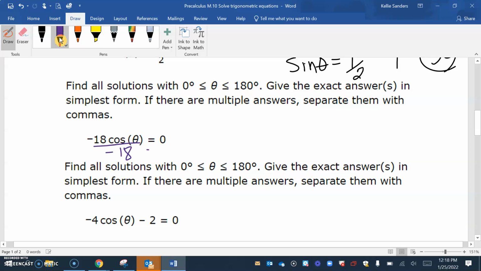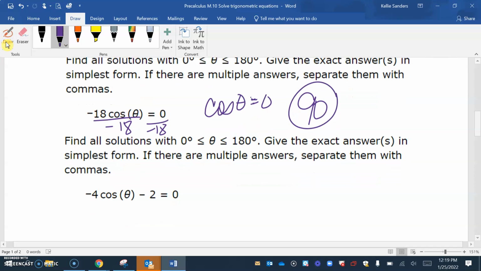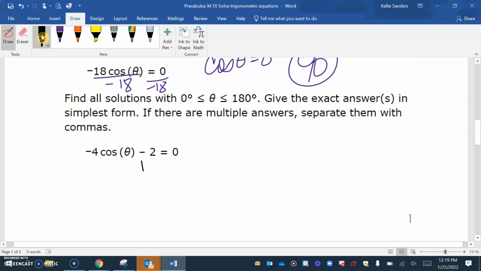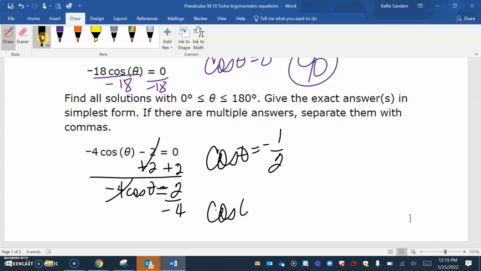If we divide by -18 and divide by -18, we get cosine theta equals 0. And when is cosine 0? At 90 degrees. Add 2, add 2, divide by 4. So cosine theta equals a -1/2. Cosine what is 1/2? Cosine 60 is 1/2.